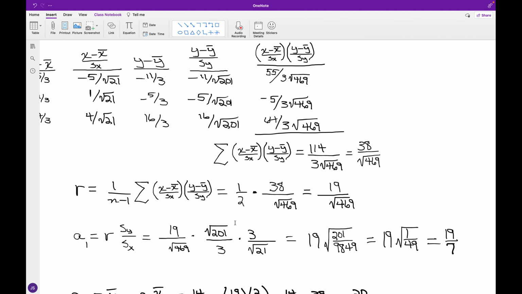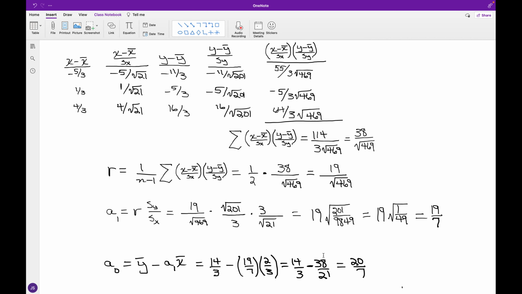So we have r at 19 over the square root of 469, times the sample standard deviation in y, the square root of 201 over 3, and then dividing by the sample standard deviation in x, or multiplying by the reciprocal. So the 3's cancel out, and now we have 19 times the square root of 201 over the square root of 9849, and this ratio reduces to 1 over 7, and so we have 19 times 1/7, so a of 1 comes out to 19 over 7.